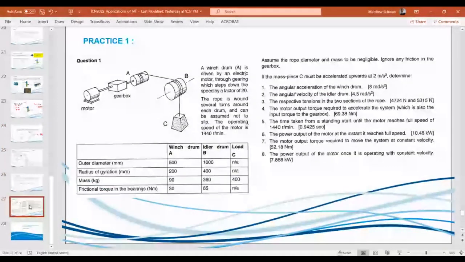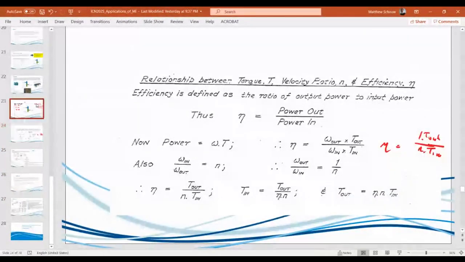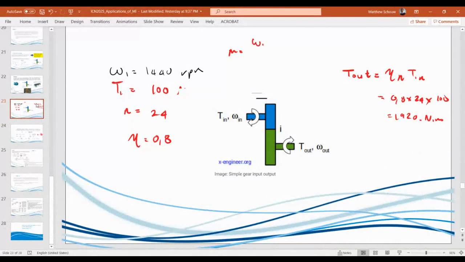Simple thing. Now the book doesn't even explain this properly, so that's why I'm making sure I'm going over it. But anyway, if you want to find W out, it's a simple calculation. Obviously, it'll be 1440 divided by 24.